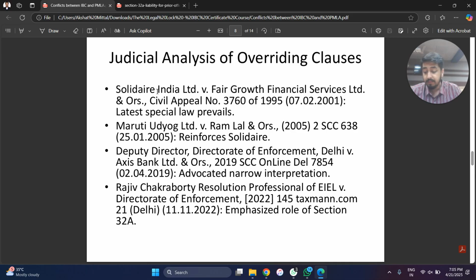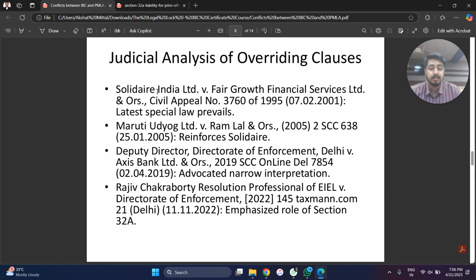Therefore, the Delhi High Court has observed that as per Section 32A and Section 238, the IBC can override the provisions of the PMLA only when the CIRP is completed and not before.